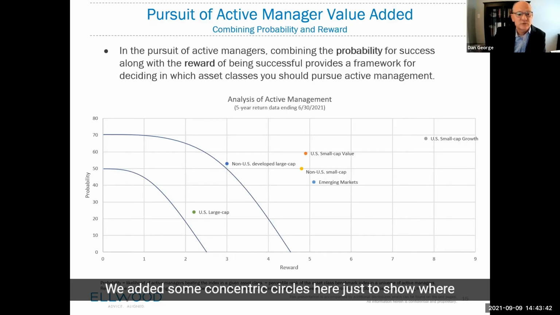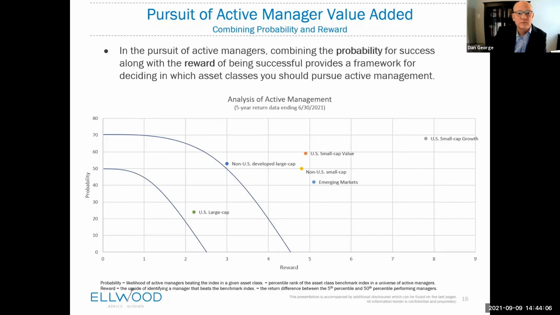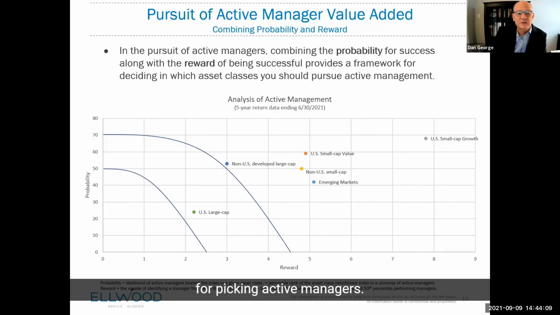We added some concentric circles here just to show where the opportunity is least interesting. Again, we want a high probability and high reward. So where we want to be on this page is in the northeast quadrant, the top right corner. And we see our US large cap is nowhere near that, with a relatively low probability and low reward for picking active managers.